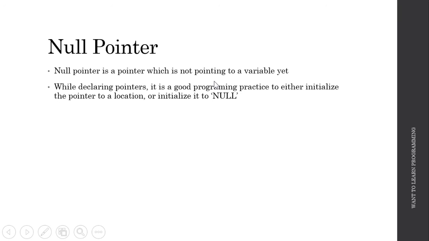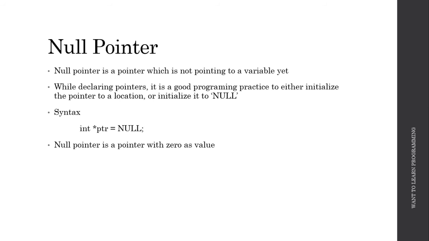The syntax for initializing a pointer to a null pointer is int star ptr equal to null. Because we don't have a variable to point to yet, we use star ptr equal to null. A null pointer is a pointer with 0 as its value.